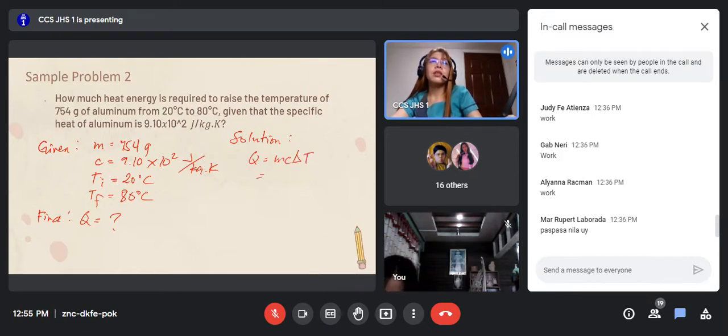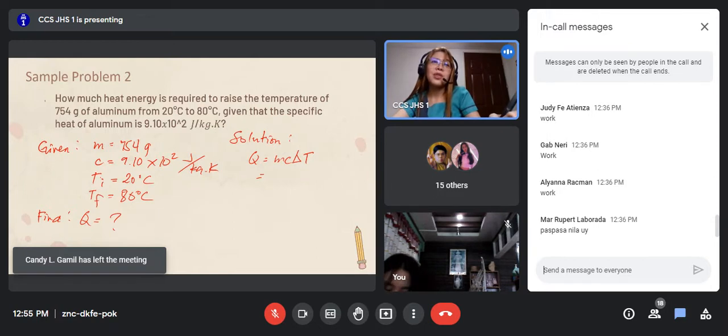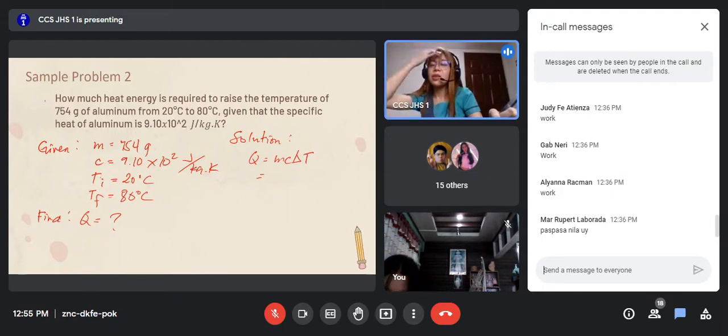By the way, you notice that their units are different, right? You have grams, but the specific heat is in joule per kilogram Kelvin. So we need to adjust it. They need to have the same units for mass and for temperature. So we will convert 754 grams to kilograms. What is the conversion? Divide by 1,000. 754 divided by 1,000 gives kilograms.